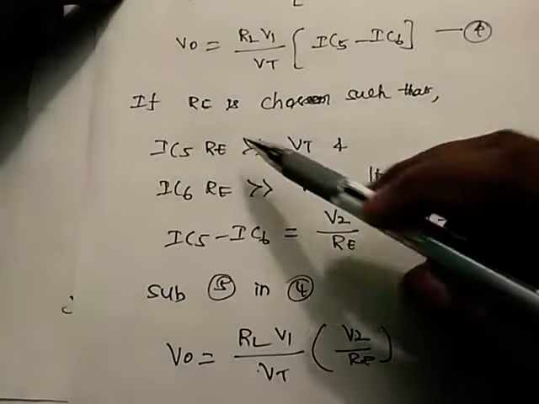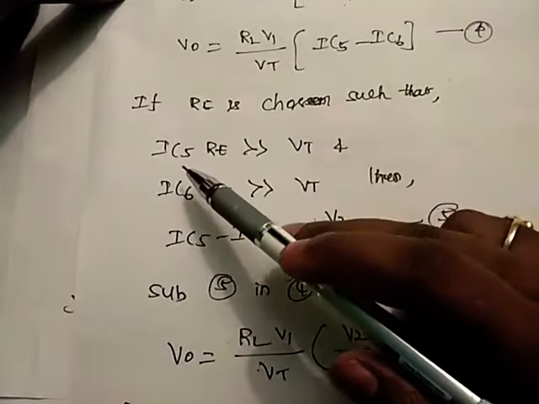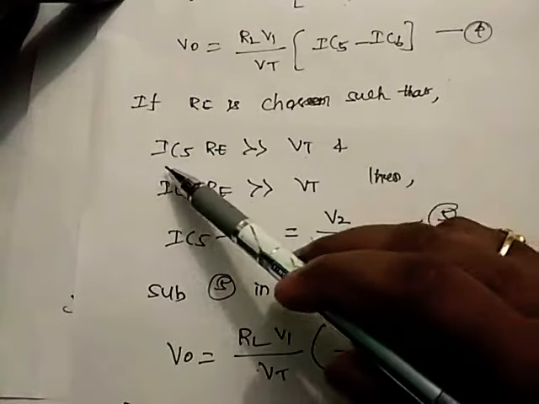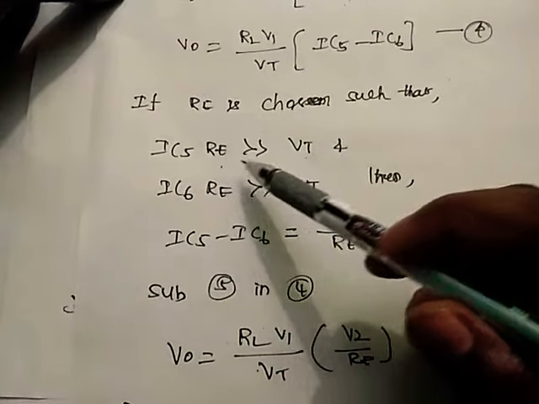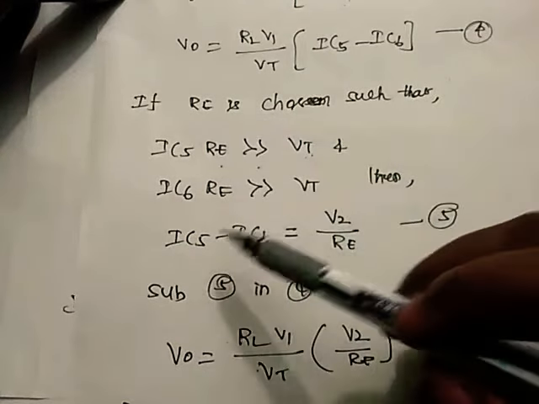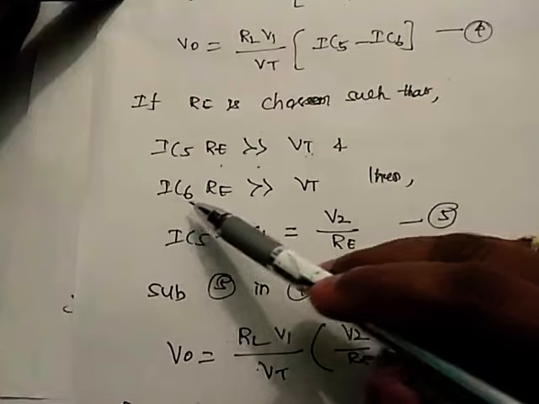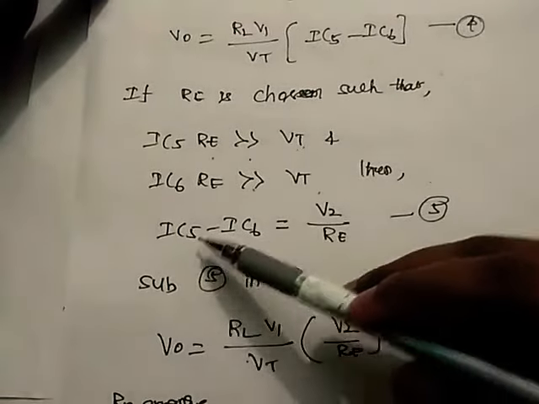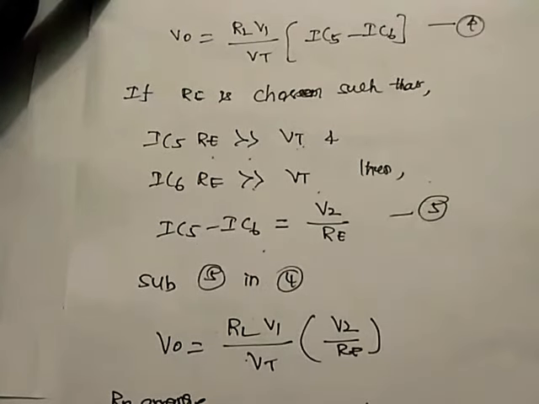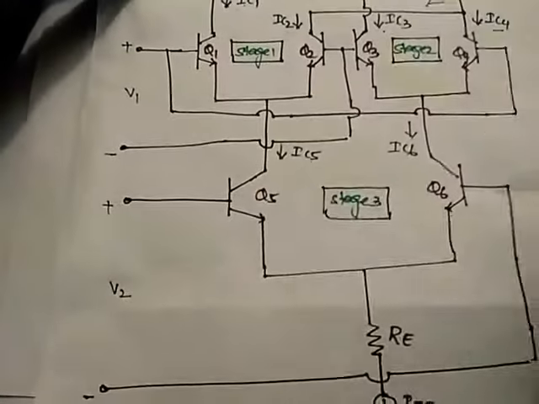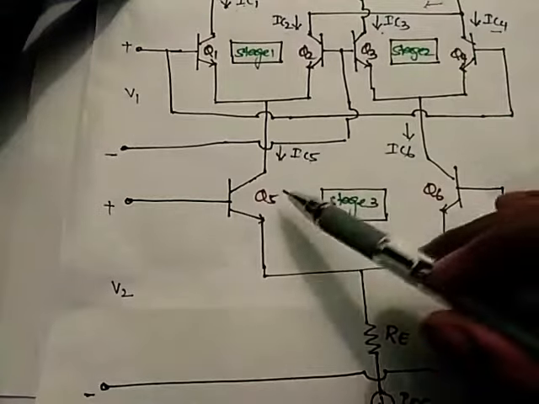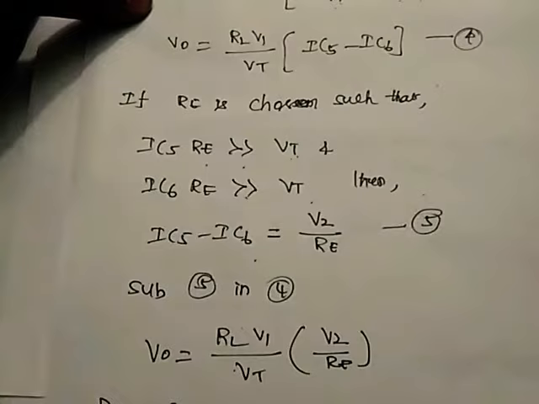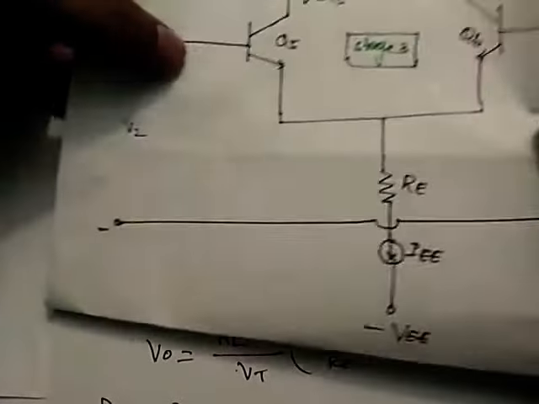If you choose the RE value such that IC5 into RE is very much greater than VT, and at the same time IC6 into RE is very much greater than VT, then we can write IC5 minus IC6, that is the difference between the collector currents at stage 3, as V2 divided by RE.